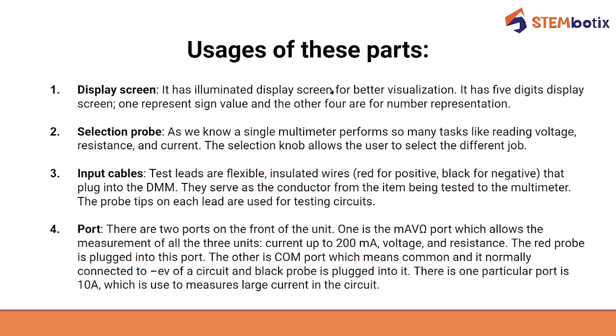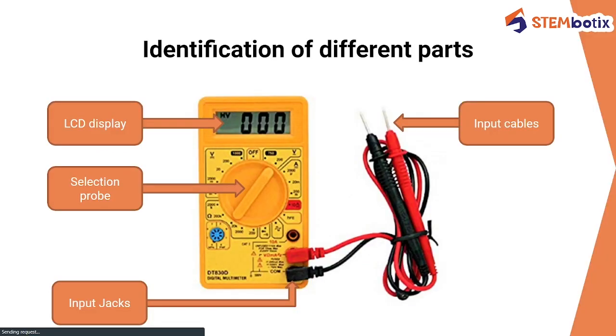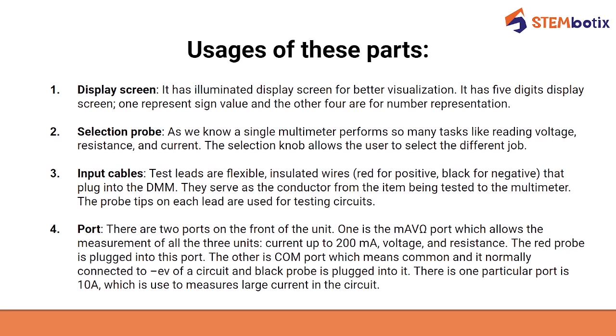Now the usages of these parts, or the functions of each and every section we have seen in this image. First is the display screen. It has an illuminated display screen for better visualization. It has a 5-digit display screen. One represents the sign value and the other four are for number representation.